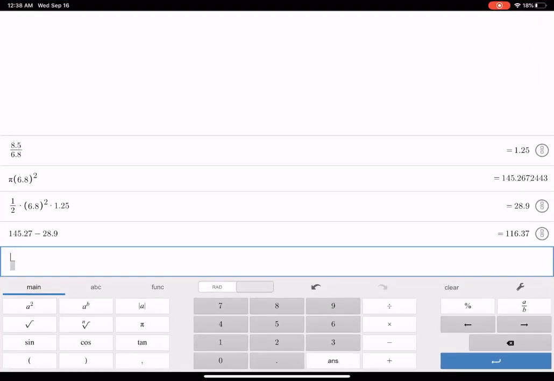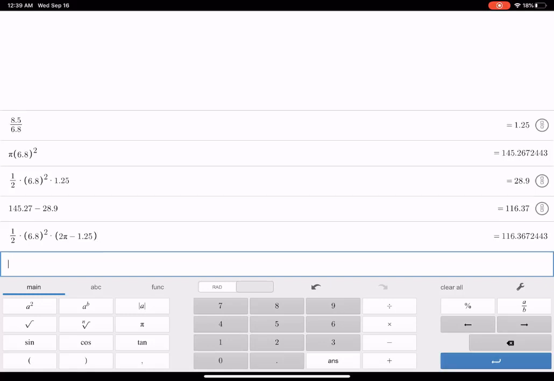So we have 1/2 again times r squared, which is 6.8 squared, times the angle now of the shaded region, which is 2 pi minus 1.25. And of course, that answer is 116.37 again.